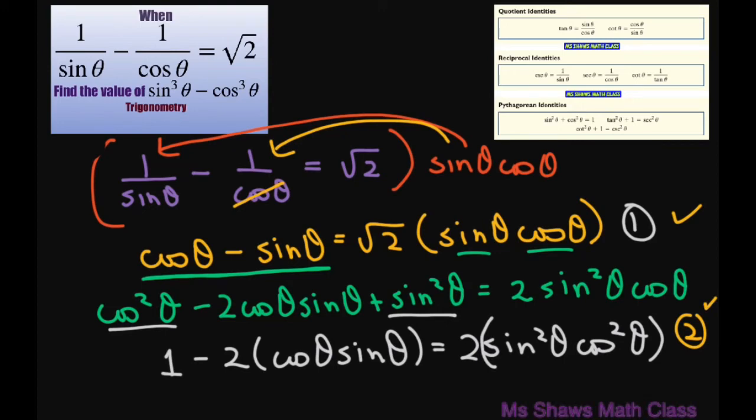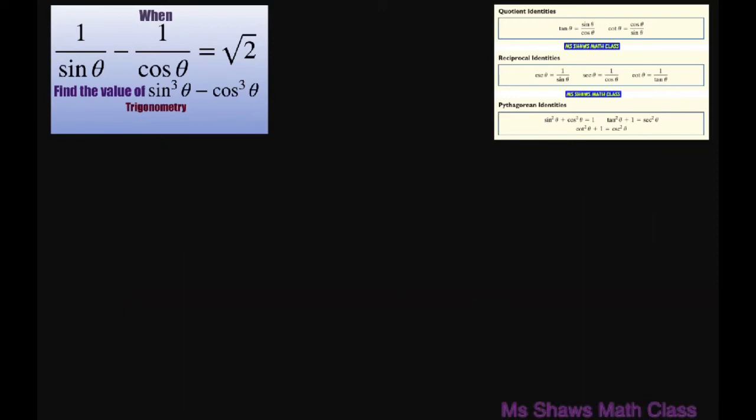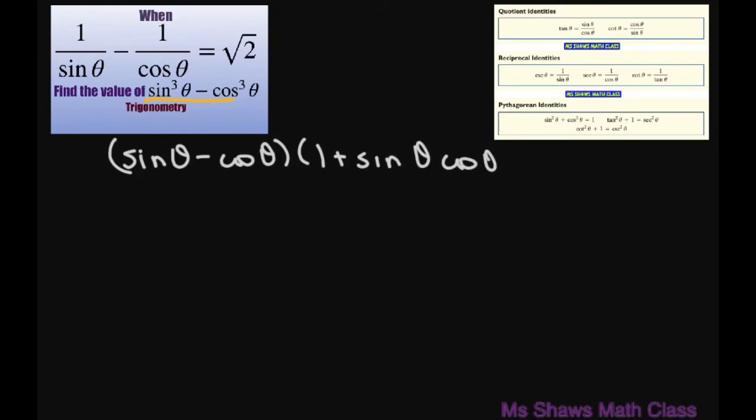Now what we're going to do is go back to what we had before. So we already expanded this. This is sine of theta minus cosine of theta times 1 plus sine of theta cosine of theta.